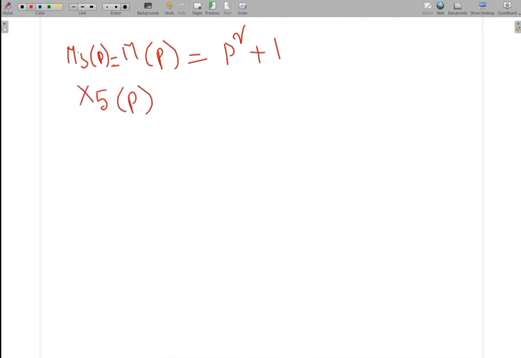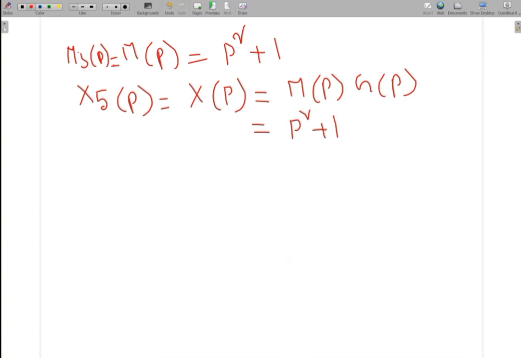X5 of P, all possible output encoded cyclic code words. X of P is equal to M of P into G of P. M of P is P square plus 1. G of P is the given generator polynomial, P cube plus P plus 1.